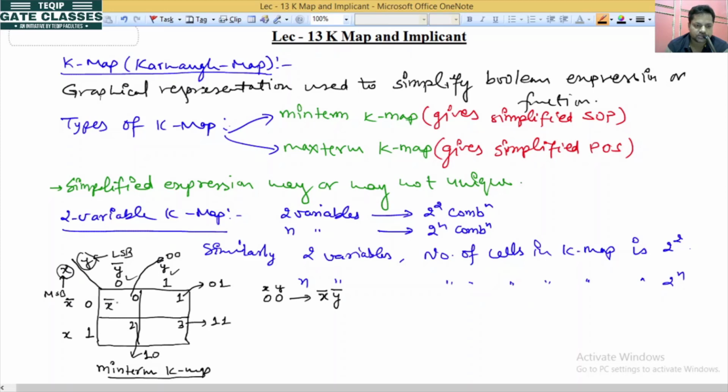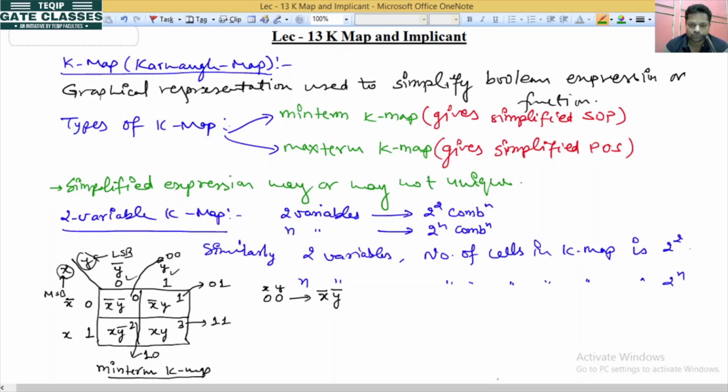So this cell will represent x bar y bar, this will represent x bar y, this will represent x y bar, and this will represent x y. So this is the two variable minterm K-map.